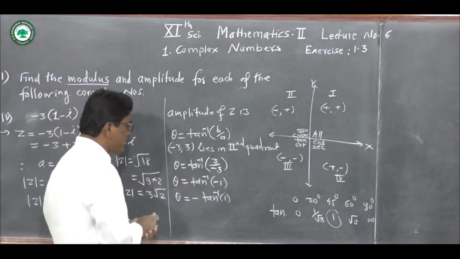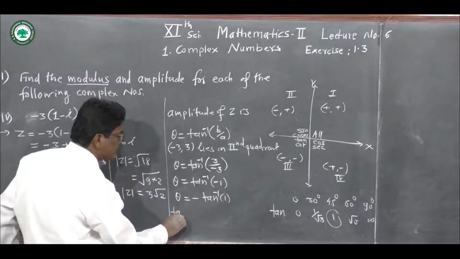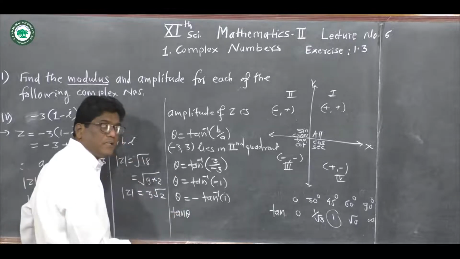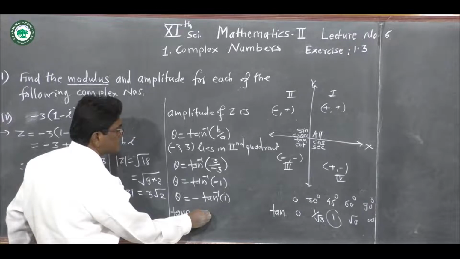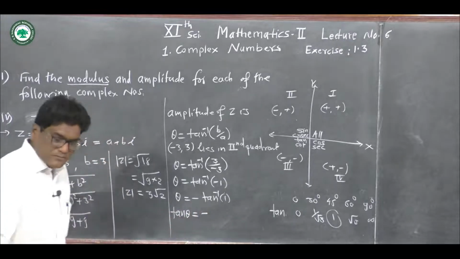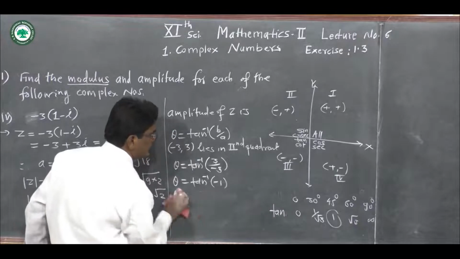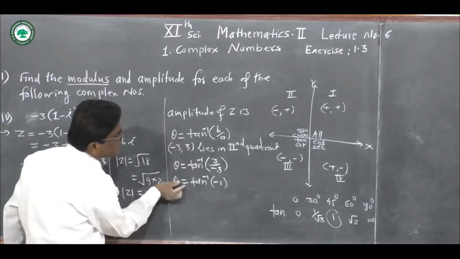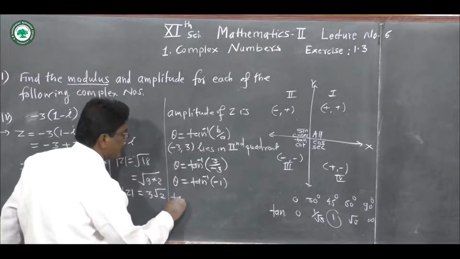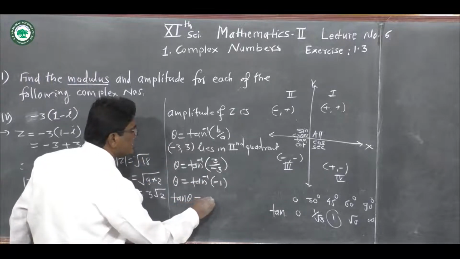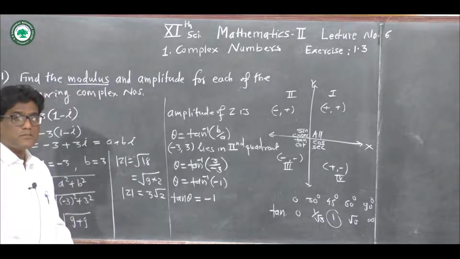But here there is a minus sign. So how to find this? For this purpose we carry this tan to the left side. Theta is equal to tan inverse of -1, so tan theta is equal to -1.